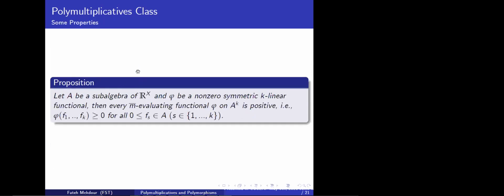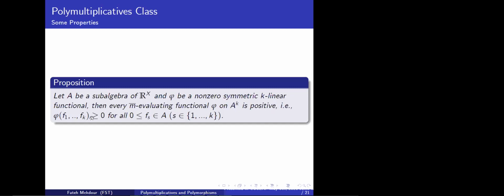Now we show one of the properties in the following proposition. We show one of the properties of the symmetric linear functional phi defined on the subalgebra A of R^X: if phi is a nonzero symmetric linear functional, then phi is positive if it is m-bar-evaluating.